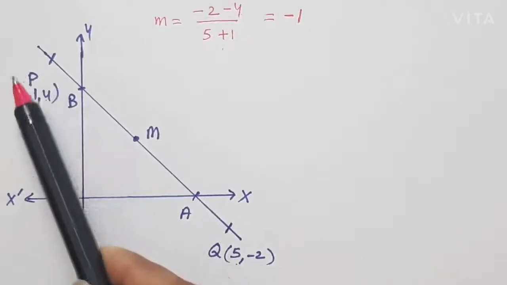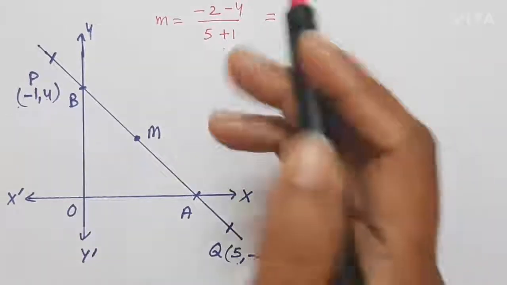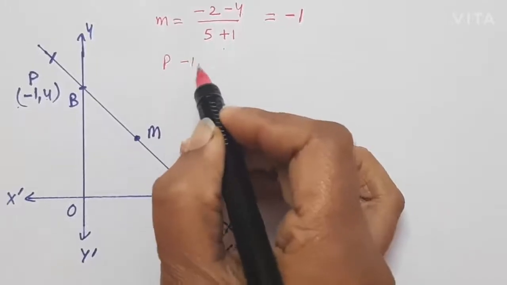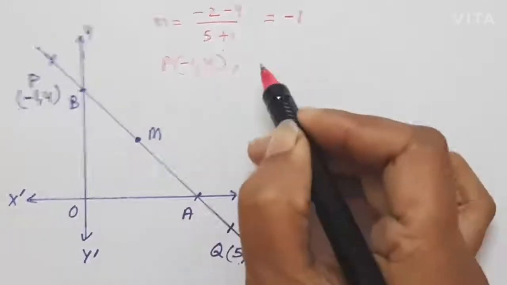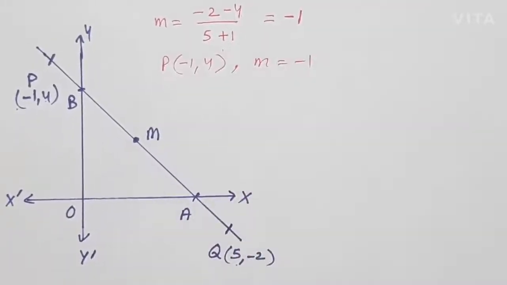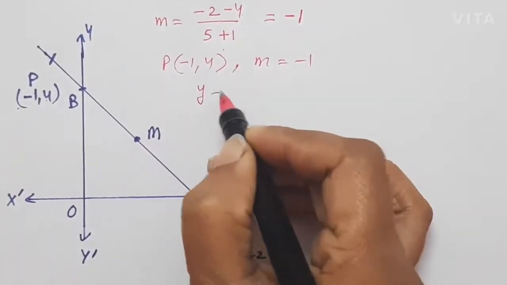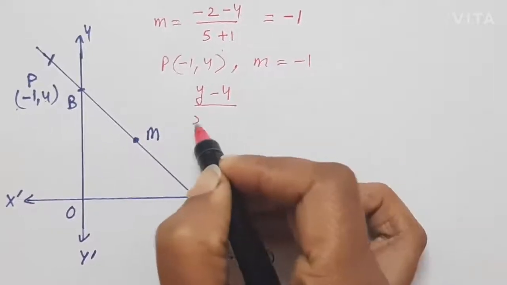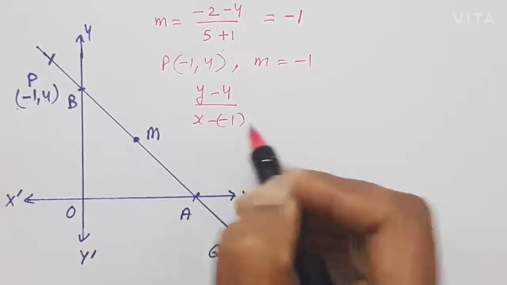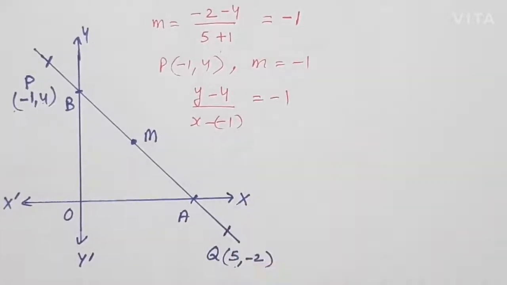Let us take the coordinates of P as (-1, 4) and consider slope as minus 1. So the equation will be (y minus 4) upon (x minus (minus 1)) equal to minus 1.